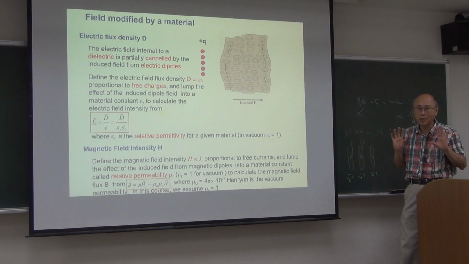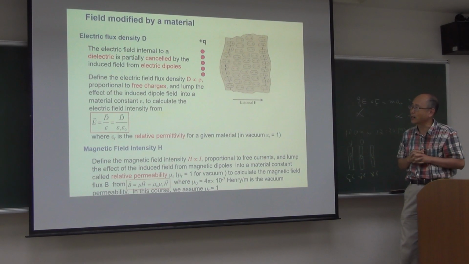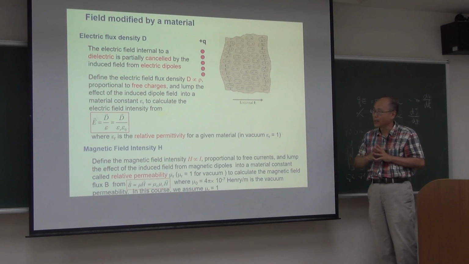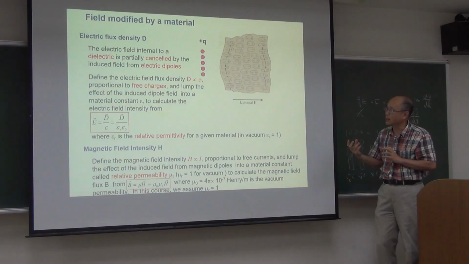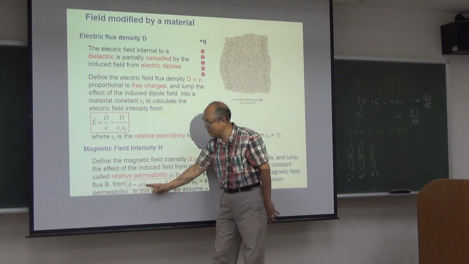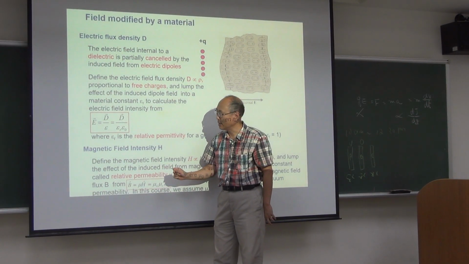So there's, I would say, a very beautiful symmetry in nature when you deal with magnetic field and electric field. Okay. Any question about this? Okay. So when you have a material nearby, the electric field is modified, or the magnetic flux density is modified.